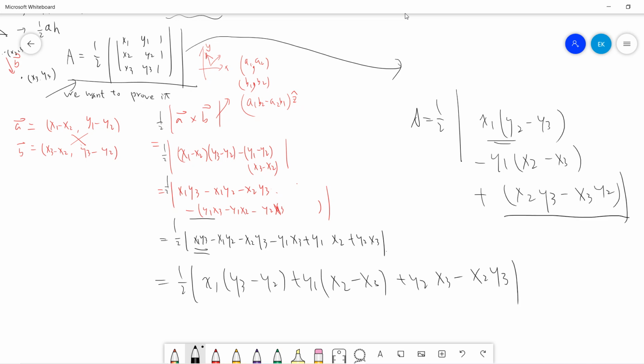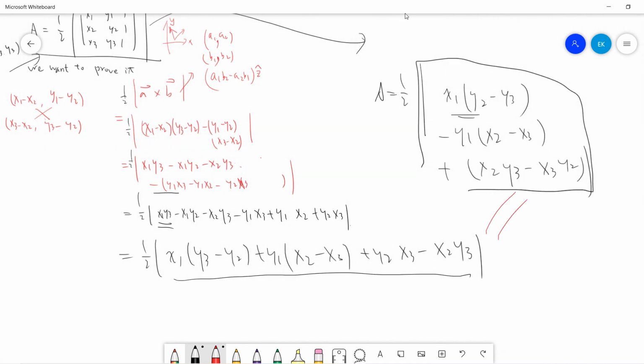You see these terms are the same, but there's a negative sign here. However, because of the absolute value, this term is the same as this term. You see, this is x2 y3 and x2 y3, exactly the same as this. Okay, so the proof is done.